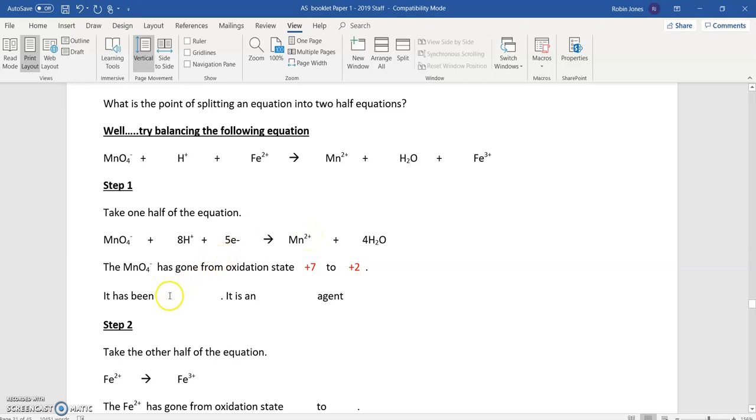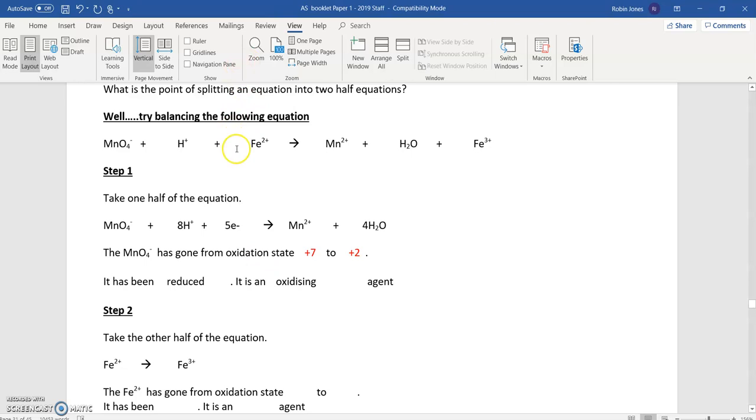It has been reduced because the oxidation state has gone down. If it's been reduced, it is an oxidizing agent. So if something is reduced, something else is oxidized, so the thing that's reduced is causing the other thing to be oxidized. It's an oxidizing agent.